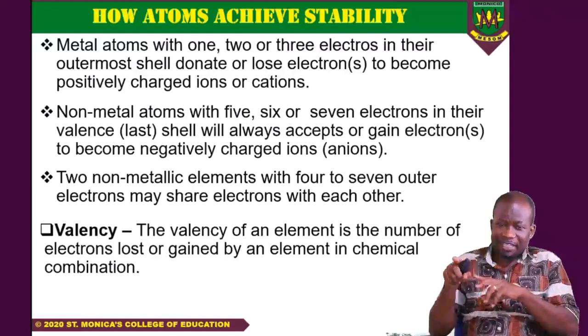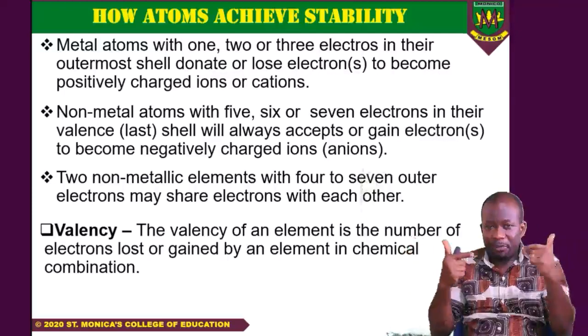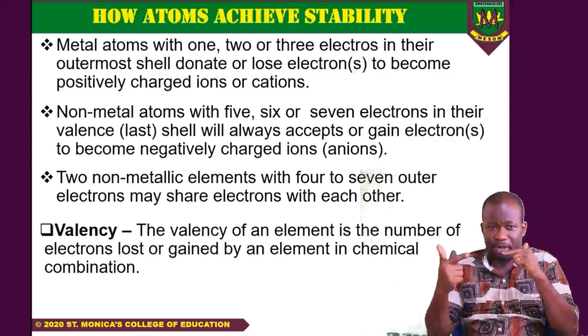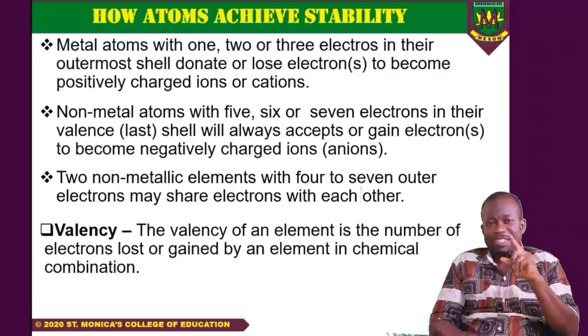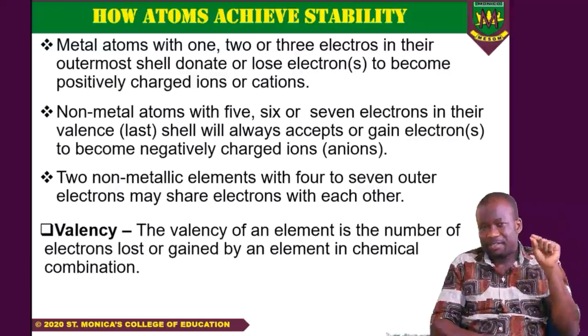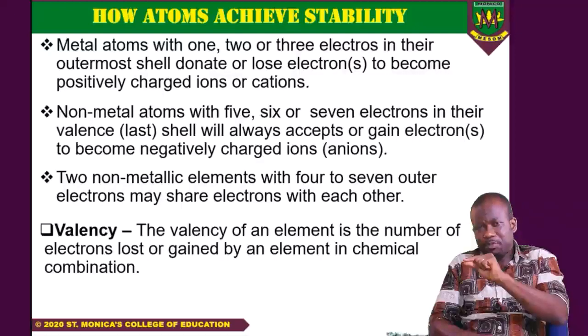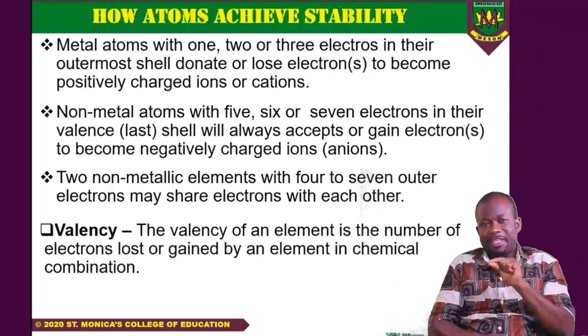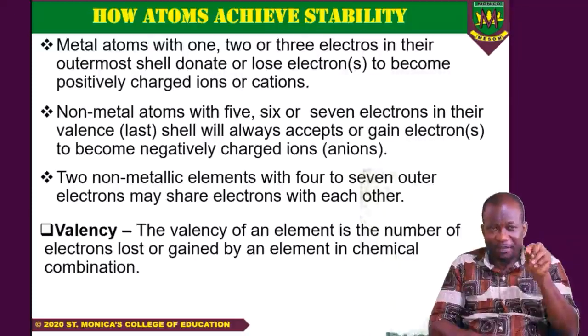Its last shell has 7 electrons. So in the formation of a chemical bond between sodium and chlorine to form sodium chloride, you realize that sodium will give out that 1 electron on its last shell to the chlorine, for the chlorine to have 8. So that 1 electron that it's giving, that is what is called its valency.